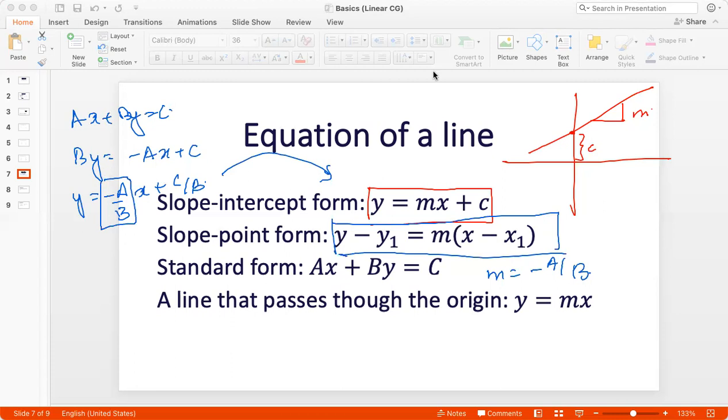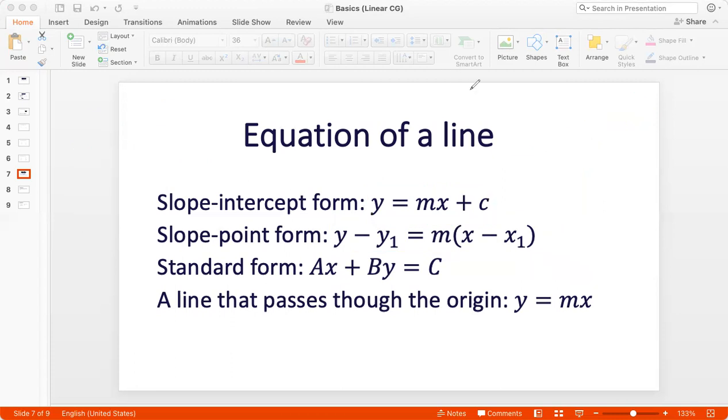And a line that passes through the origin has the equation y is equal to mx, because here it has no y-intercept. So the plus c part disappears because c is 0, right? So these are some of the important formulas for the equation of a line on the coordinate plane.